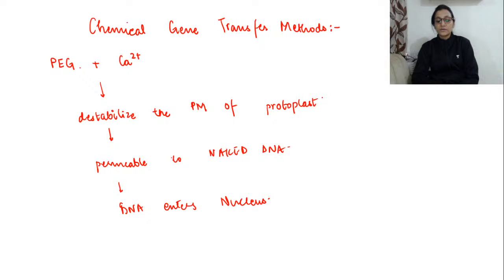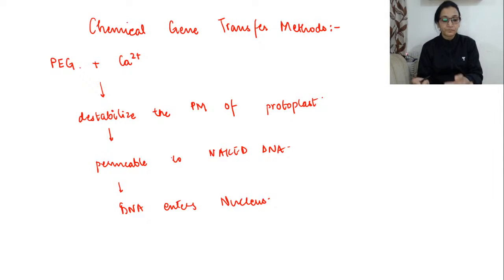So this method is a method of reasonable choice, and the advantages are a large number of protoplasts can be simultaneously transformed, and the technique can be successfully used for a wide range of plant species. Then the limitations of polyethylene glycol: DNA is susceptible to degradation and rearrangement.